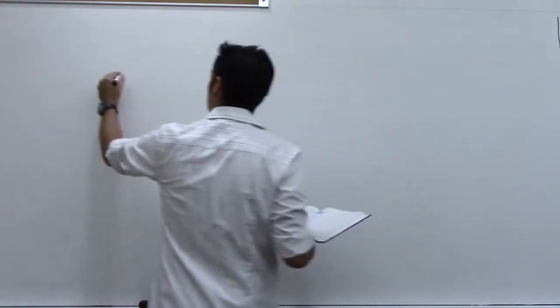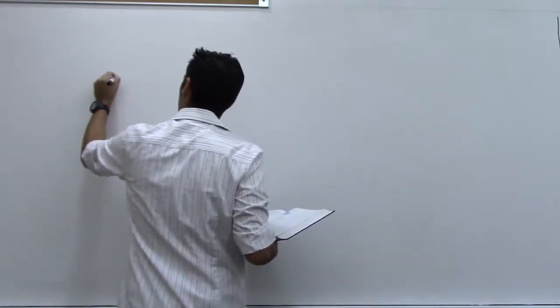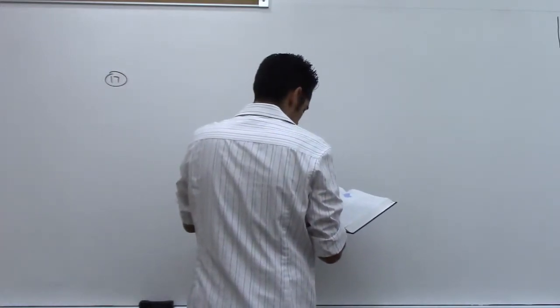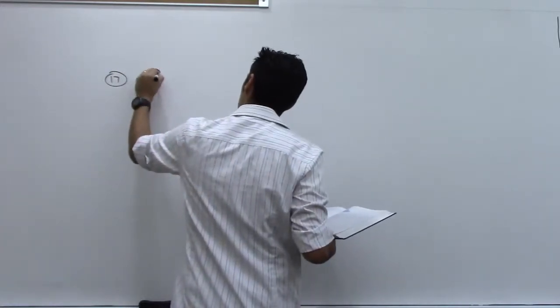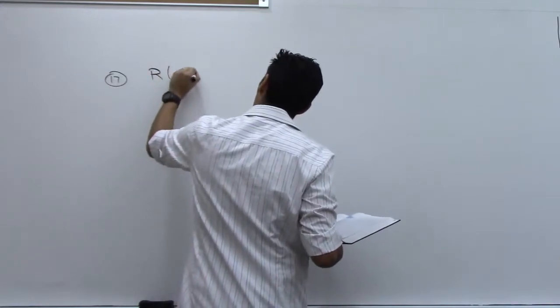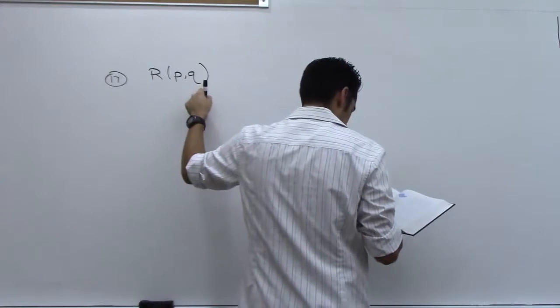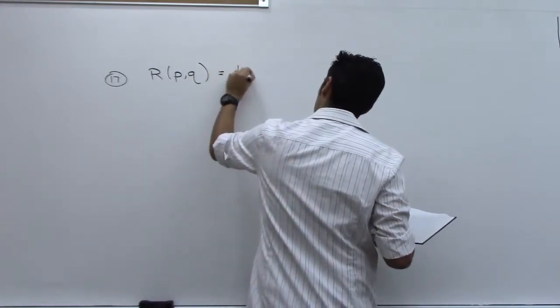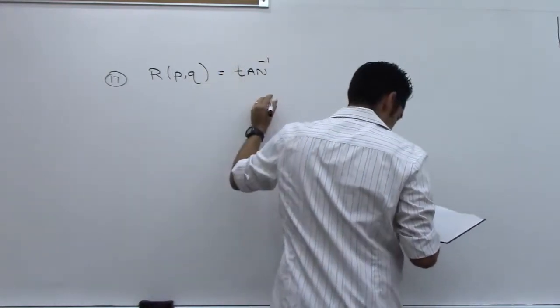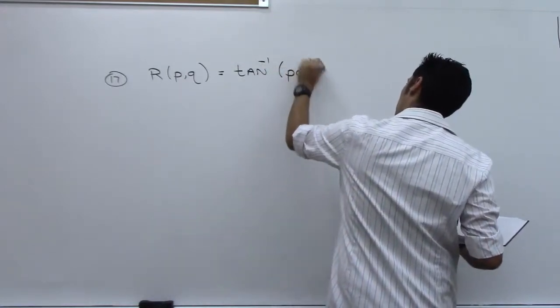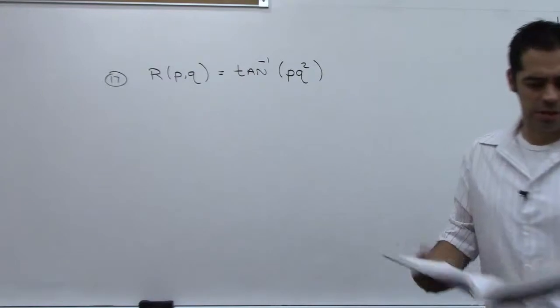Okay, so 17 is r of pq. So r is the name of the function. It's a function of two variables, p and q, is equal to arctangent of pq squared. So now we have some composition.